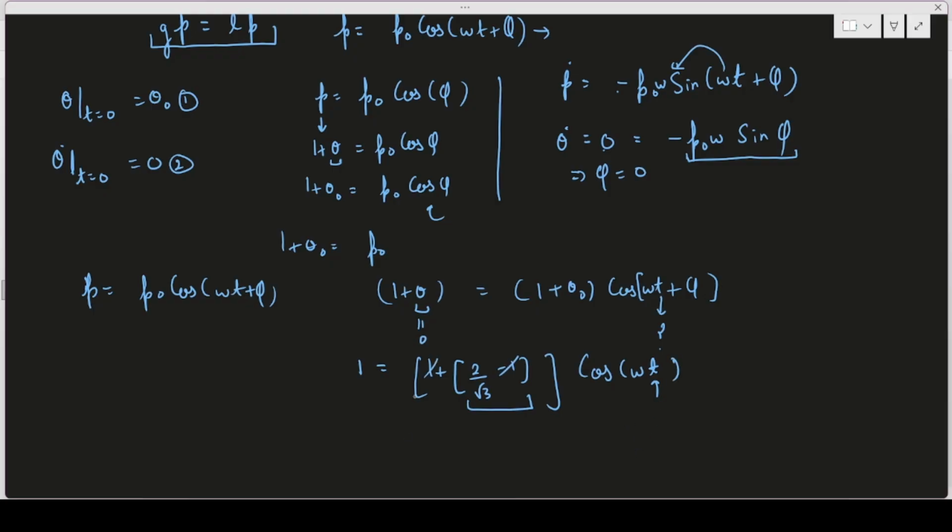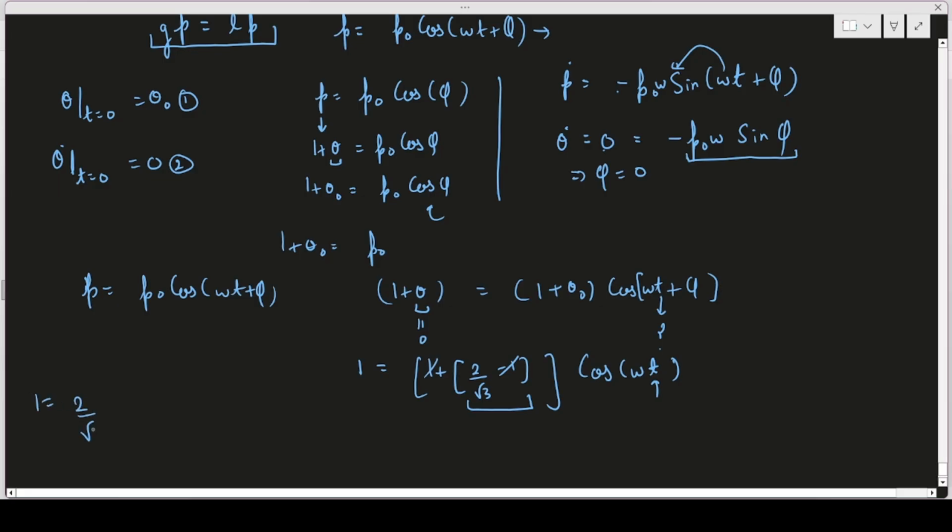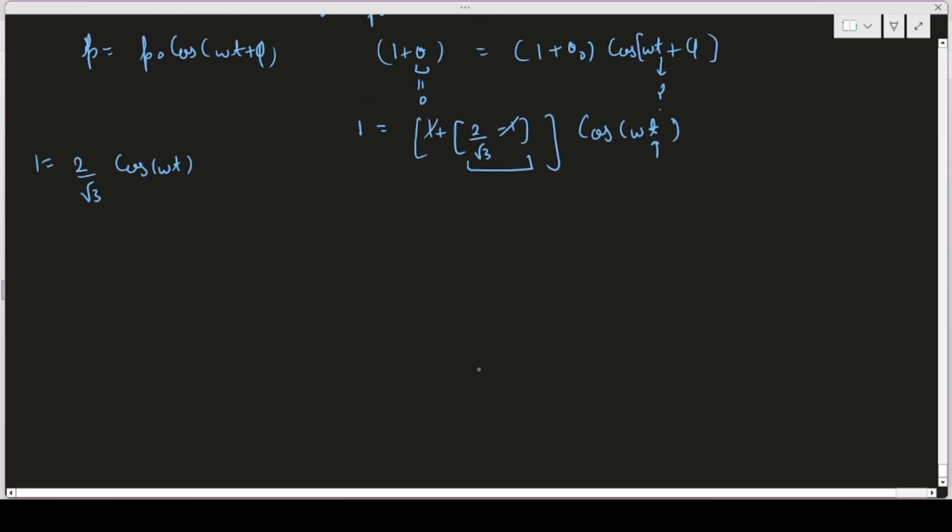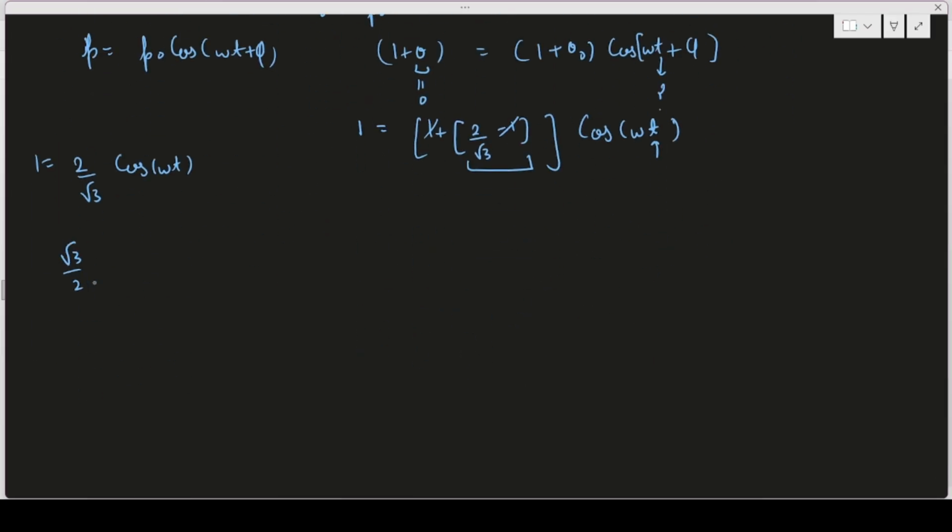So this 1 and this minus 1 will cancel out. So 1 equal to 2 by under root 3 into cos omega t. So root 3 by 2 equal to cos omega t. This means that omega t will have a value of pi by 6. And now we will put the value of omega.